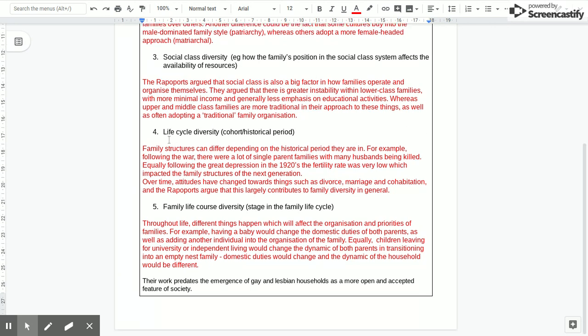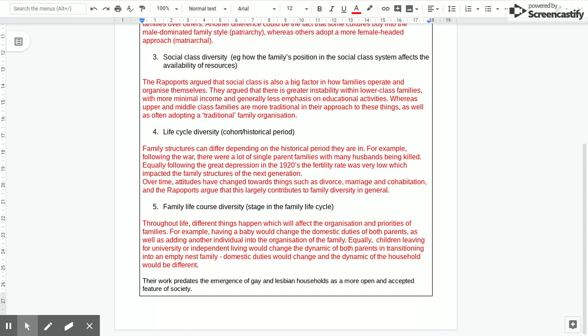Okay, now on to life cycle diversity. This is a good one. Okay, quite simple, quite easy to understand. Perhaps not the best name, okay, but it'll make more sense once I've explained it. So this is the diversity that can happen depending on when you're living.